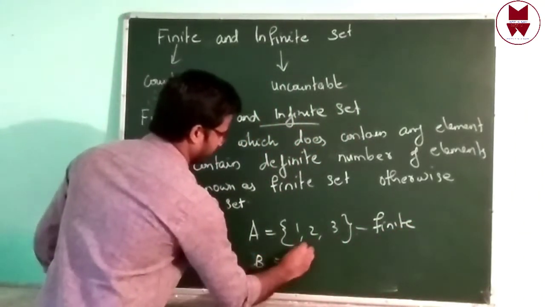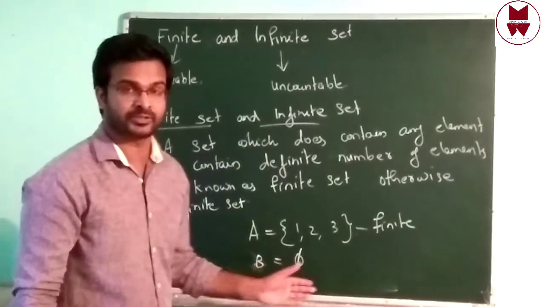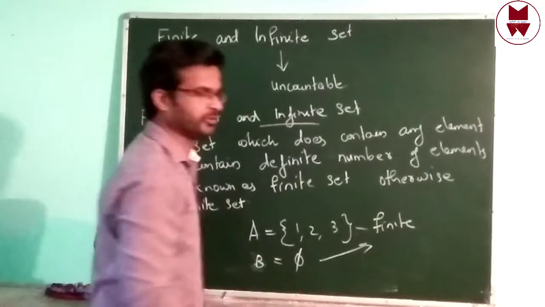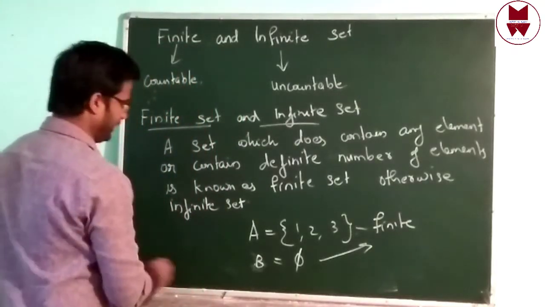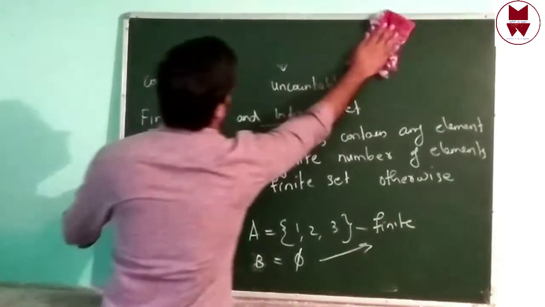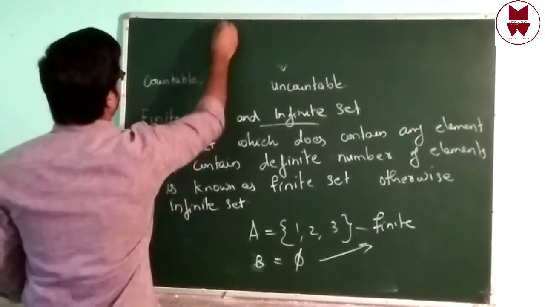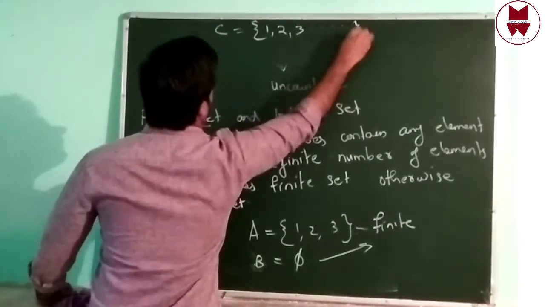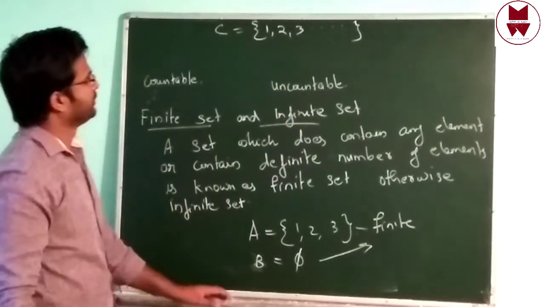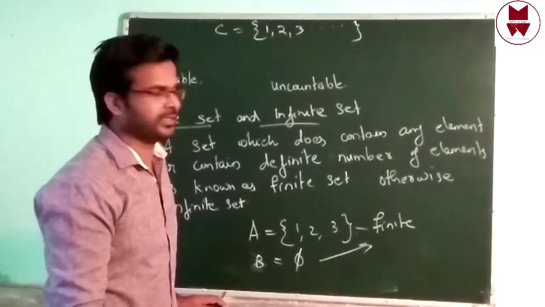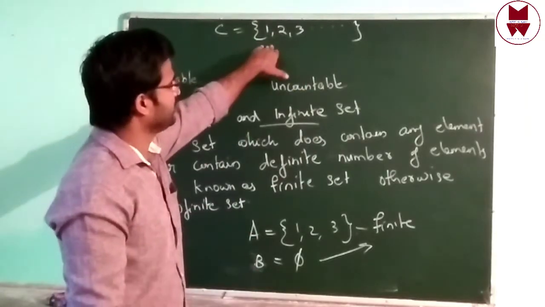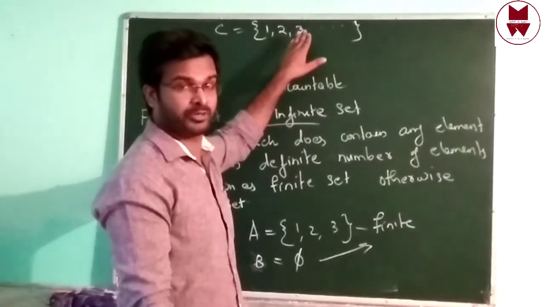Then B, the empty set also is an example of a finite set. Next, C equals the set 1, 2, 3, etc. What about this set? C equals the set 1, 2, 3, etc. Then the number of elements, how many are here?